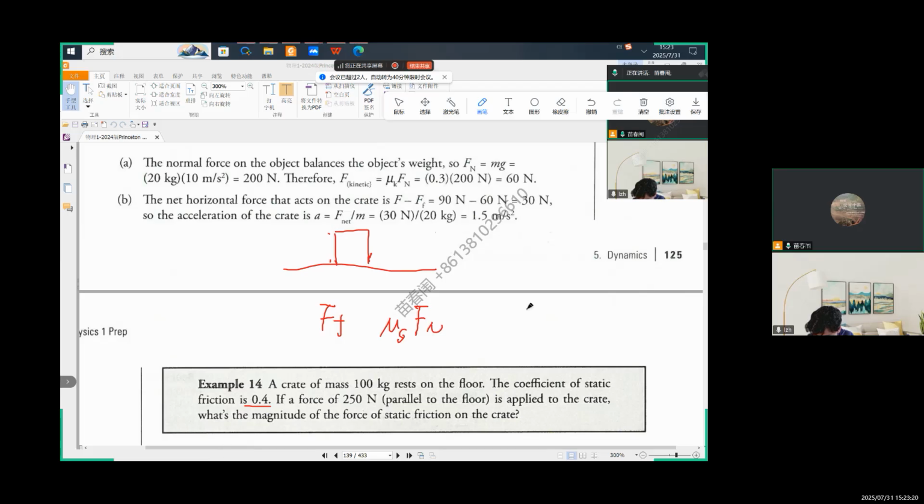The formula finds the maximum, but not exactly this situation, but we need the maximum anyway. So can I find the static friction? It's mu Fn, just mu static, basically. What's this mu Fn then?